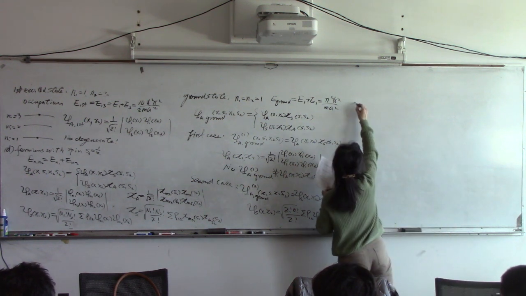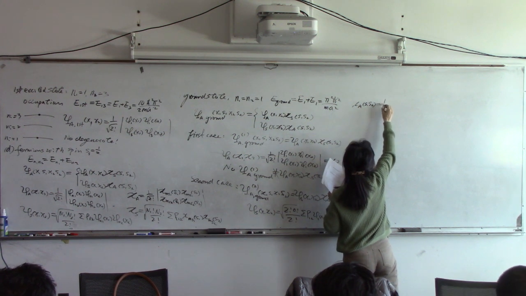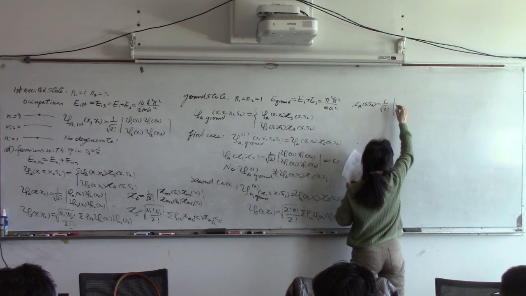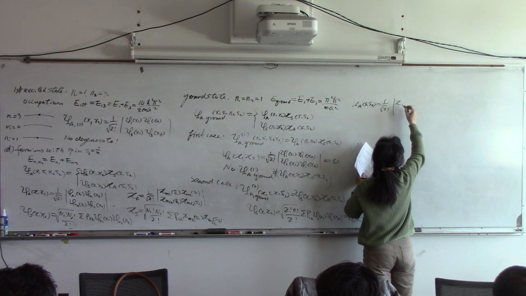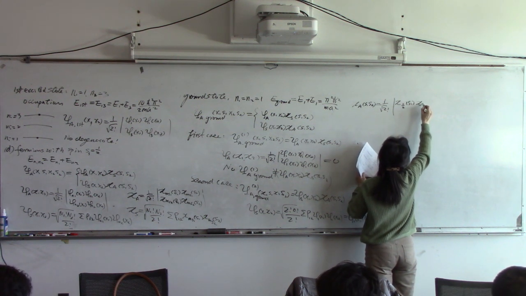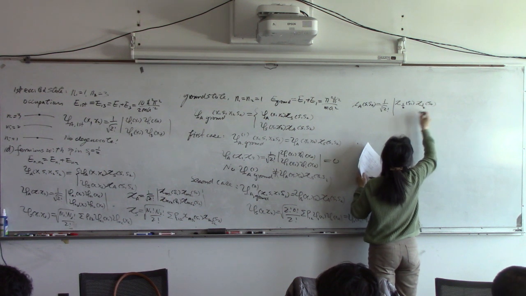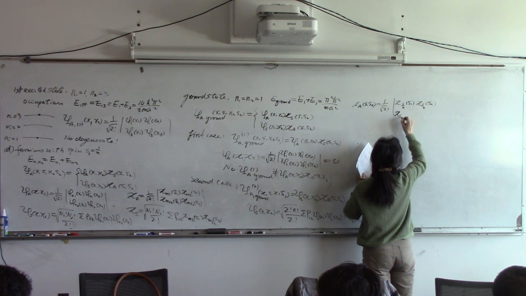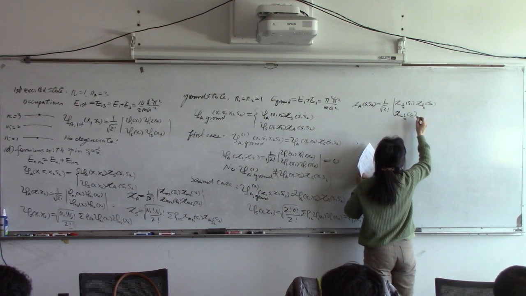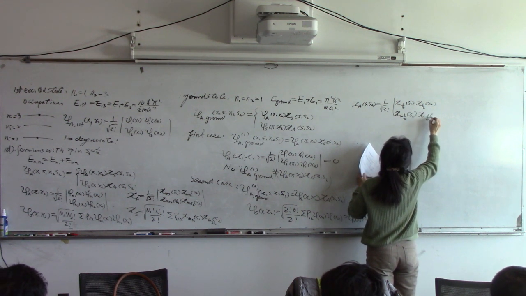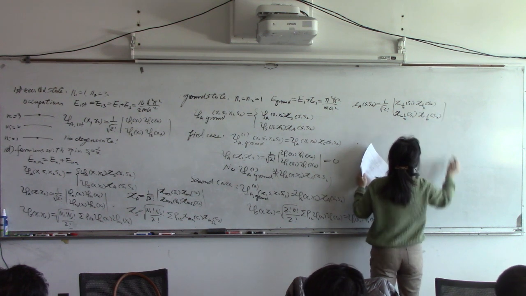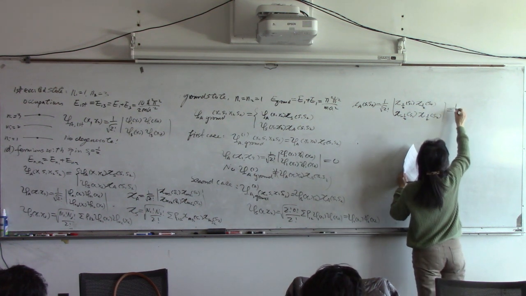So now let's consider spin, antisymmetric. In this case, m1 is plus, let's say s1 spin up, and another one spin down, right? And this exists, so that is 1 over square root 2.